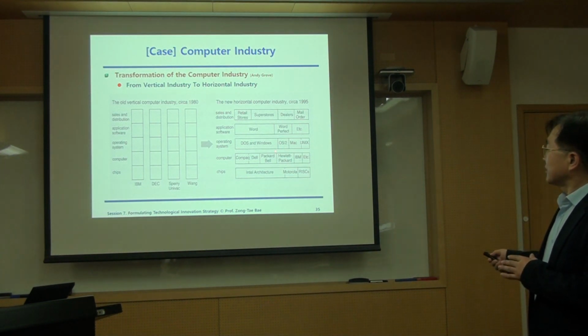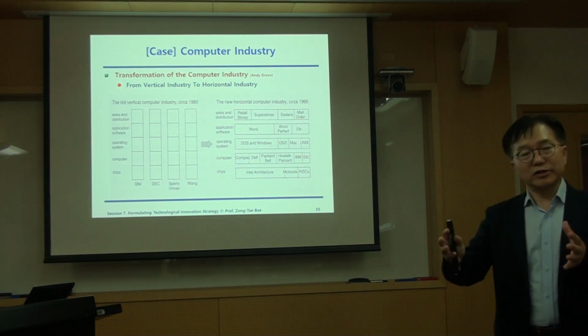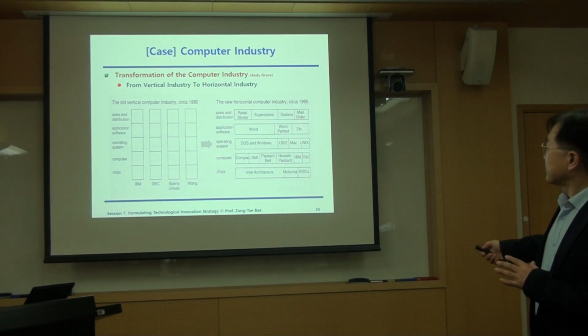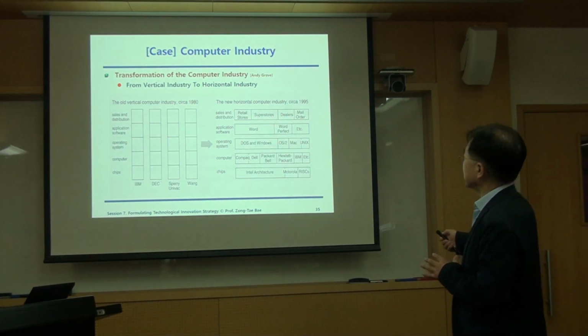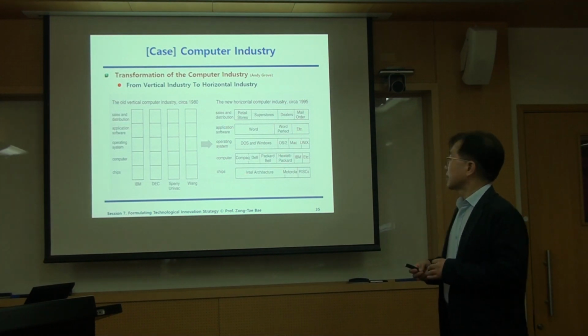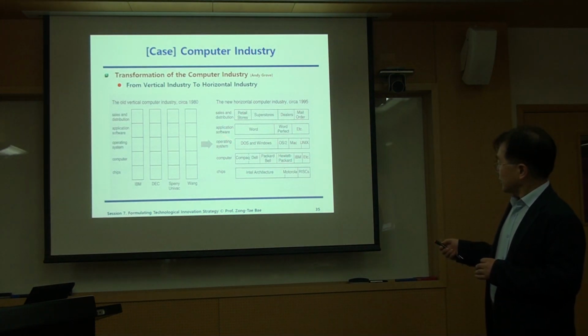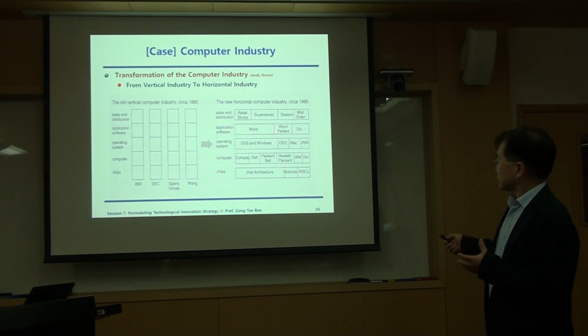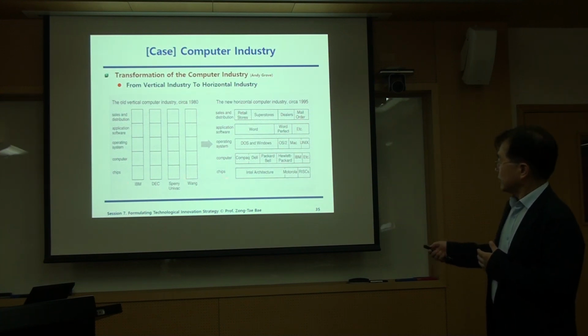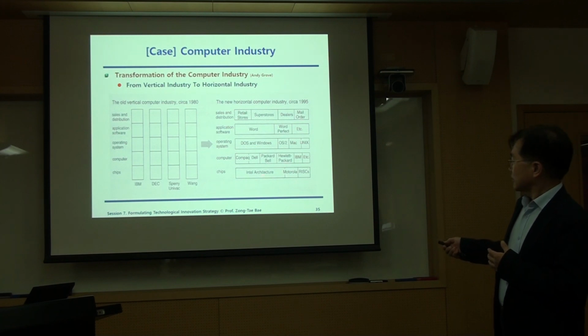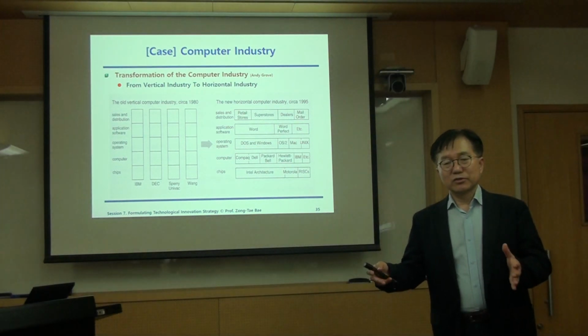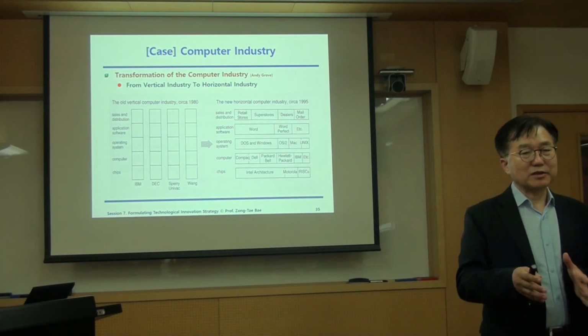But after some years, the industry has changed. If we look at the computer industry in 1995, the application software was developed by several different companies, Word and so on, and also for computers and chips. So each segment has its own players. These are very specialized companies.